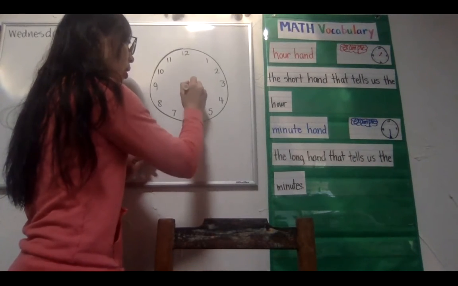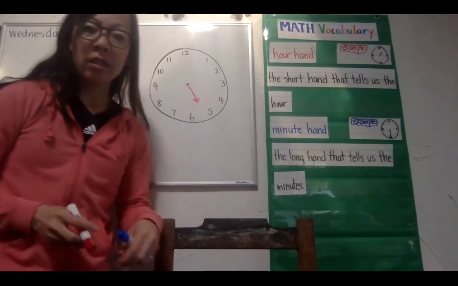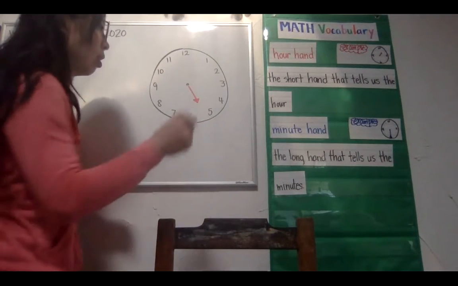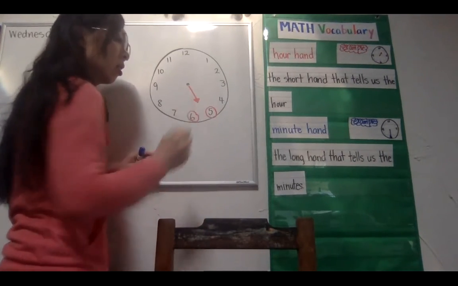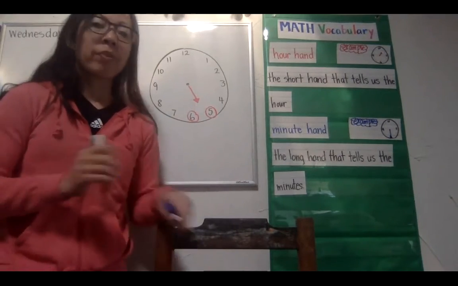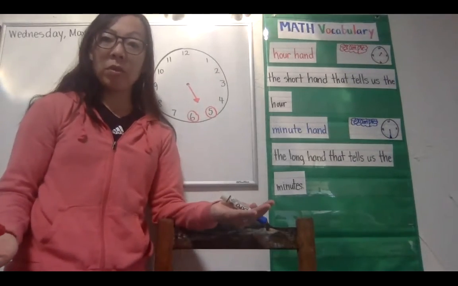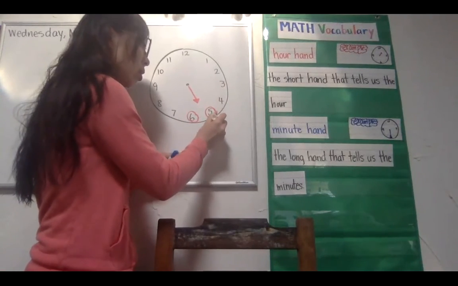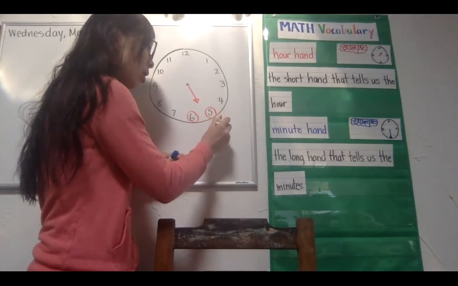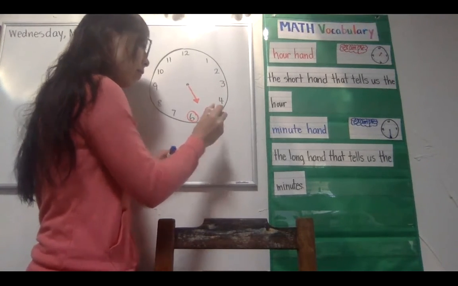What 2 numbers is this hour hand pointing between? It's pointing between the 5 and the 6. So that tells us that it's going to be one of these 2 hours, 5 or 6. Which one is it going to be? Well, remember, it's going to be the one that came first. So 5 comes before 6. So that means this is going to be in the hour of 5.